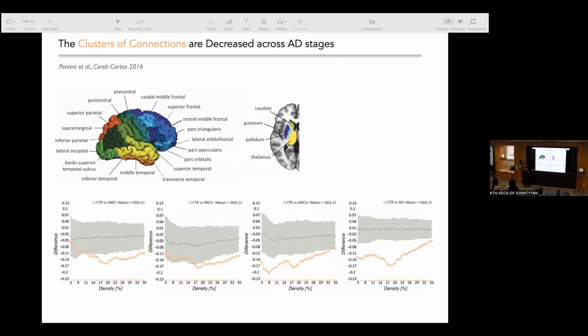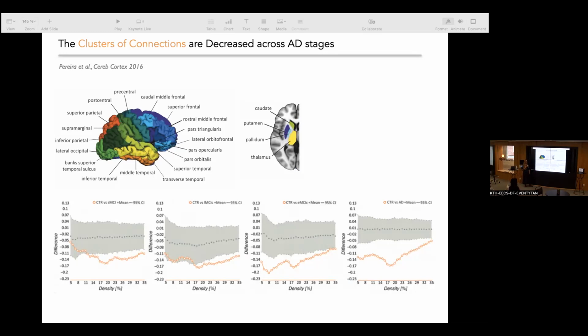When it comes to the clusters of connections, which I also mentioned before, we found this measure to be very useful to detect different stages of Alzheimer's disease. So here we built gray matter networks using all the regions at the cortical and subcortical level that you can see here. And we had 4 different groups that we wanted to compare to controls.